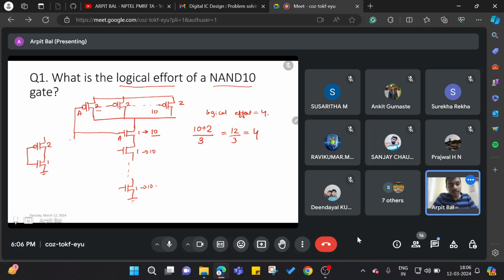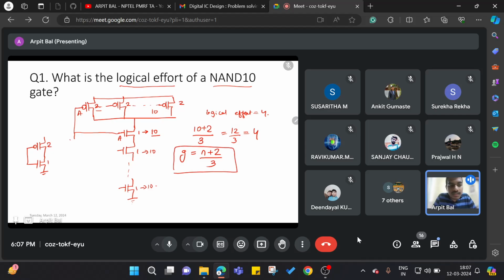In the class there was one thing that sir mentioned, that if you are given an n input NAND gate, then you can directly write the logical effort, that is represented with G, as n plus 2 by 3. To make the calculations quicker, you can directly use this formula.